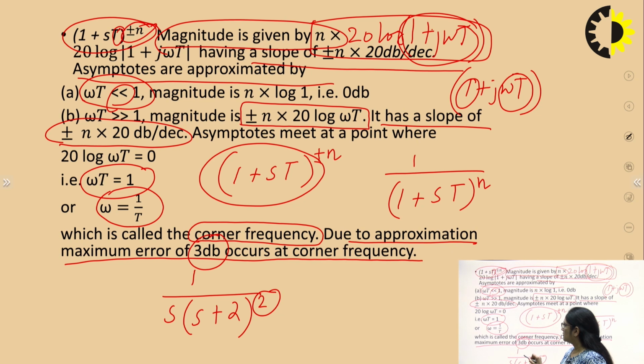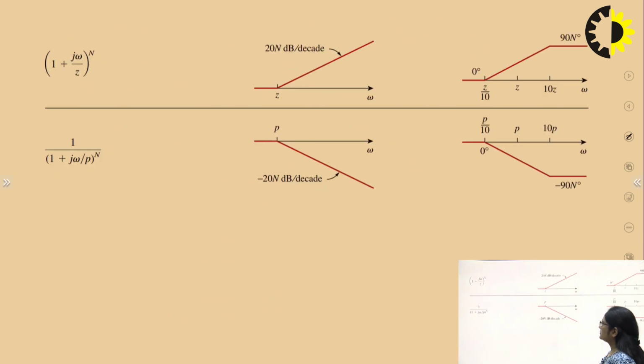So the three terms involved are constant k, then a pole or 0 at origin, and then a simple pole or a simple 0. The other factor which would come, so how do we plot this? We will understand this.